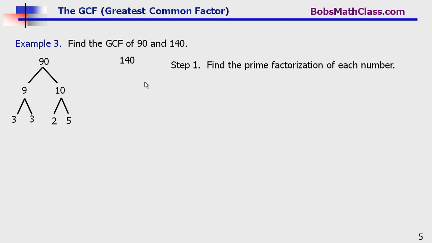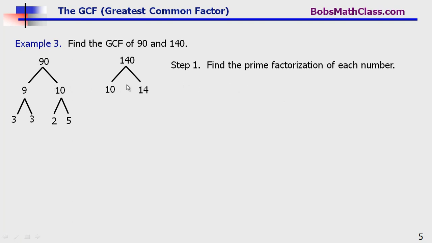Anytime we have a number that ends in a 0, we could always use 10. That's why we use 9 and 10 for 90. You don't have to. You could have used any other numbers. You could have used 2 and 45, 3 and 30, 5 and 18, 6 and some other number.